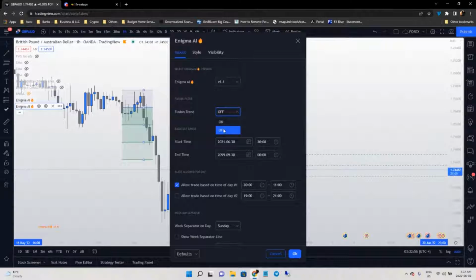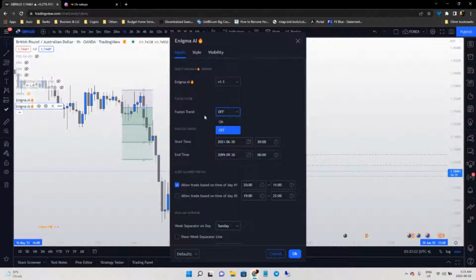And if you just want to receive the alerts and see it regardless of the market movement on the upper time frame, you just leave it off and trade it the way that you originally traded it.